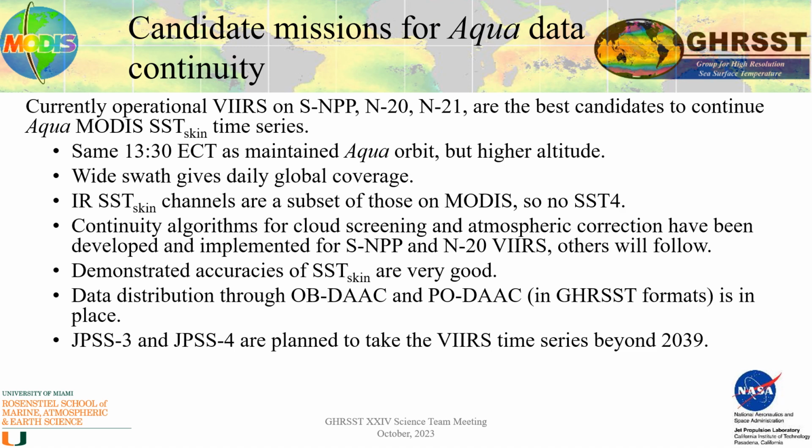Progress is already being made at Goddard at the OB-DAAC and at the PODAAC at JPL to produce VIIRS SSTs. The satellite series will continue with JPSS-3 and JPSS-4, which will become NOAA 22 and NOAA 23, carrying on the time series of skin SST measurements well beyond 2039.